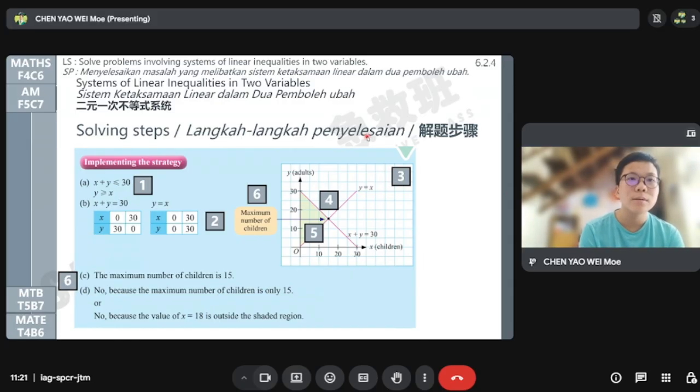You need to plot the points first, and then sketch the graph, meaning you draw the straight lines for the two, because just now you drew only one line, but today we draw two lines.